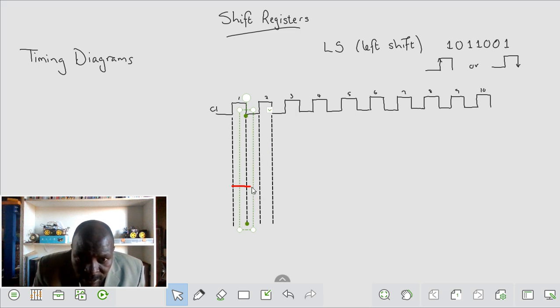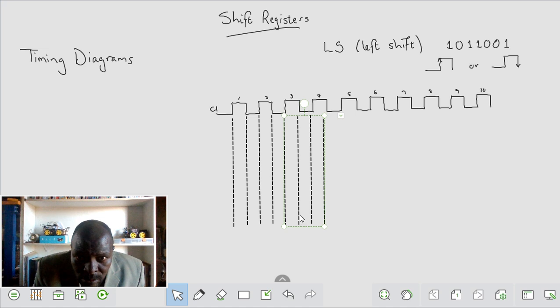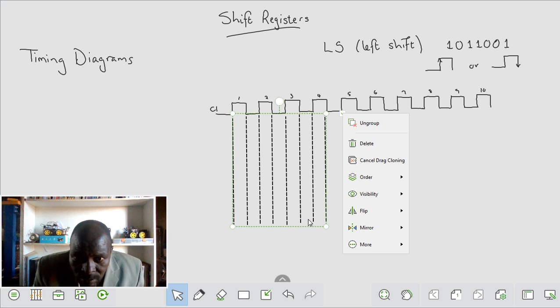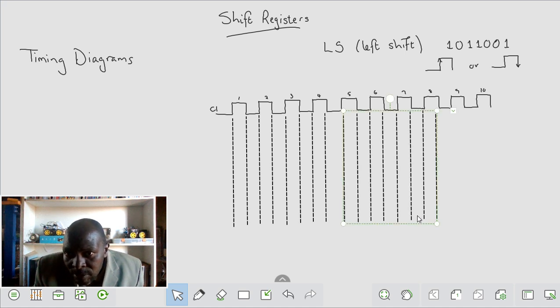Why am I putting it in every edge? Okay, I'd rather clone all of them, and drag them all at once. Let me clone and drag. Hopefully they don't differ by much. Let's just ignore the little variations there.